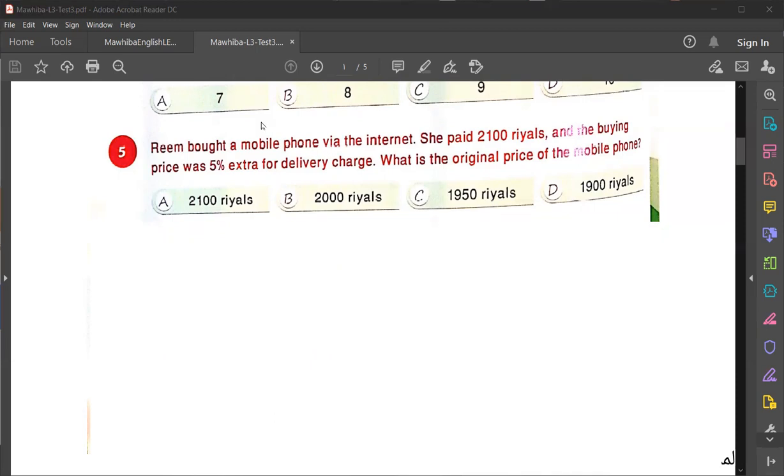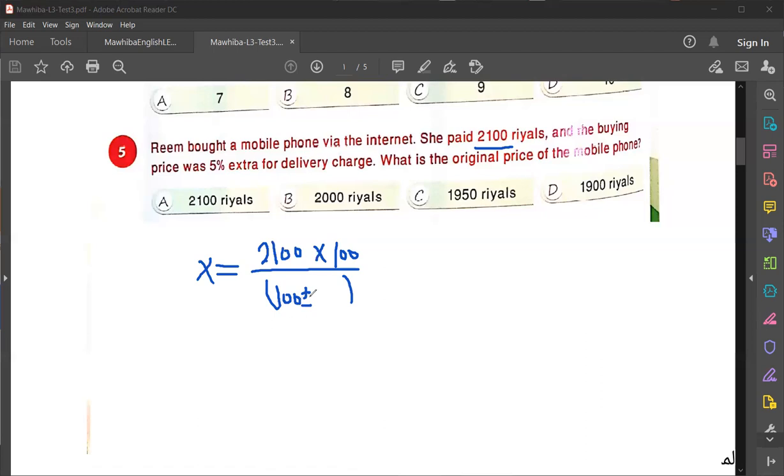If you want the original amount, you write here the price, what she paid, 2,100, multiplied by 100, divided by 100 plus or minus the percentage.